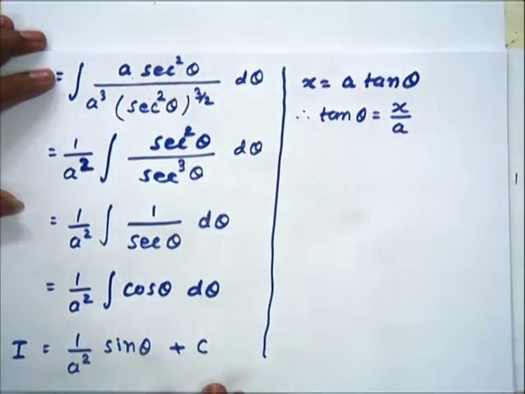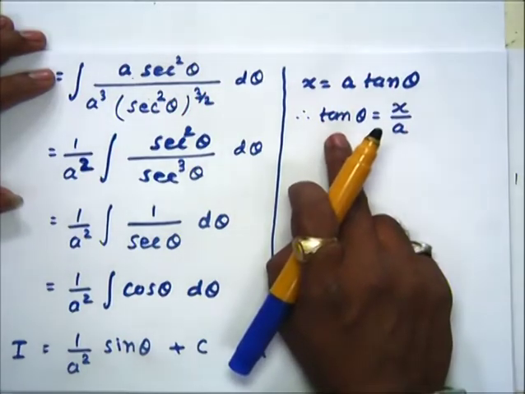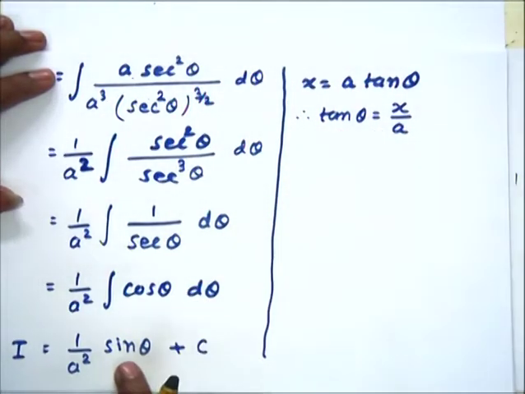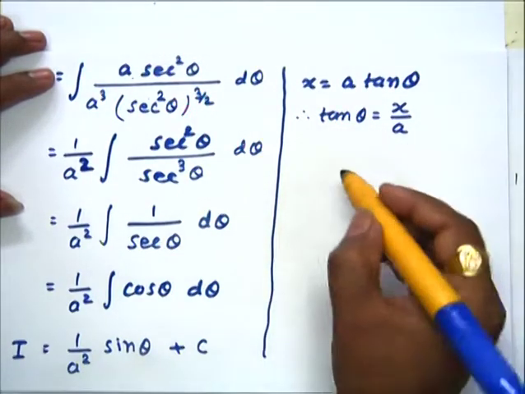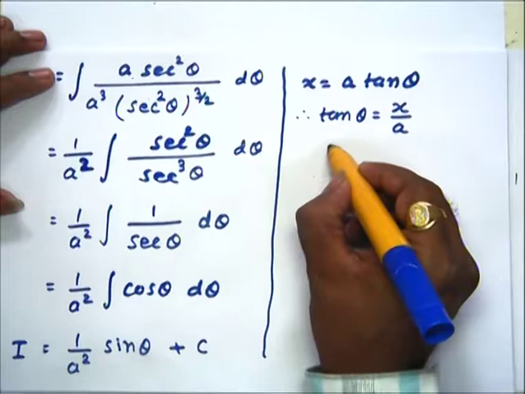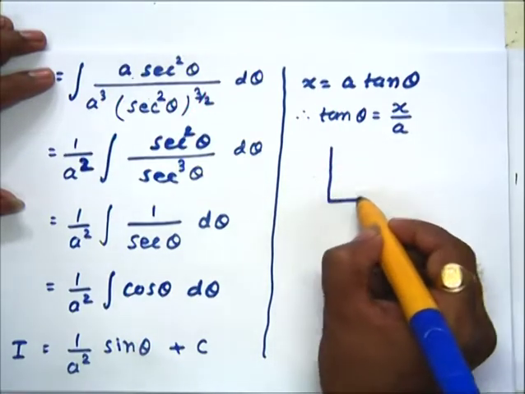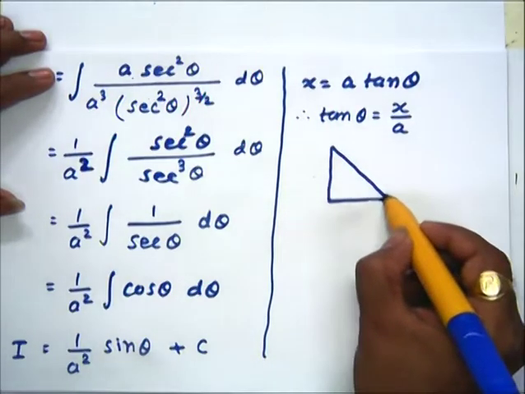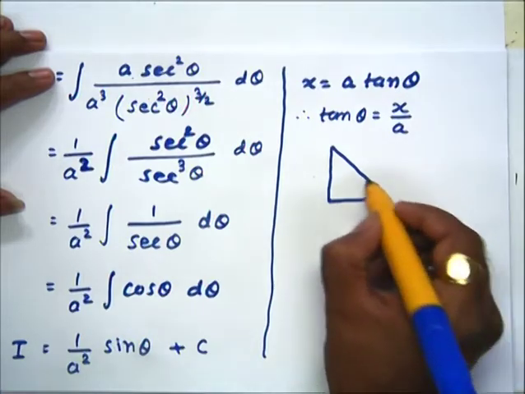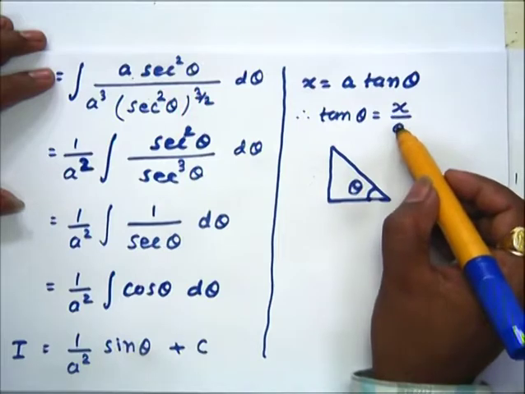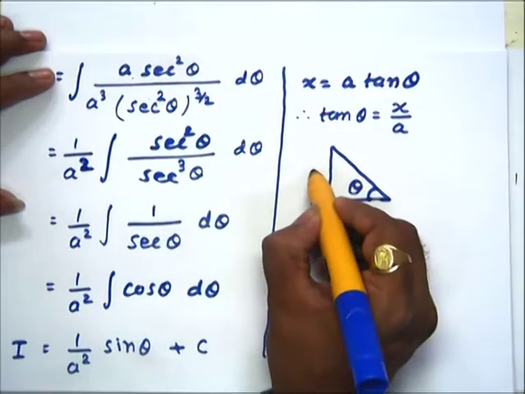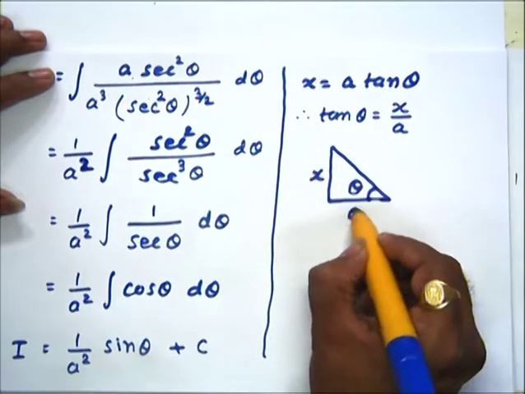Okay. Now you can convert this tan theta into sin theta using the identities, or you can convert it like this. This is a right angle triangle. Suppose this angle is theta. Tan theta is x upon a. So x is this and a is this.